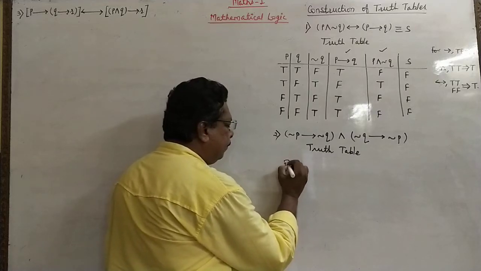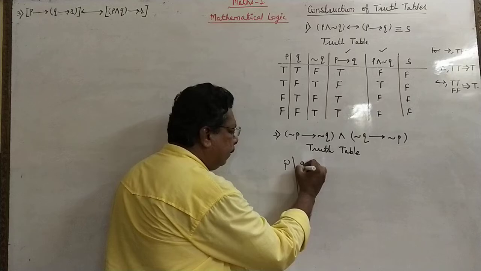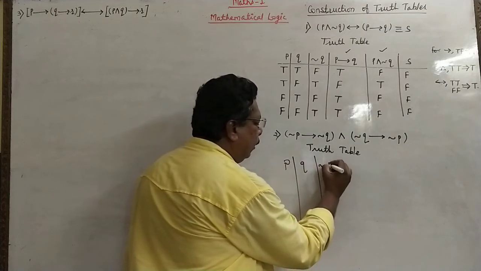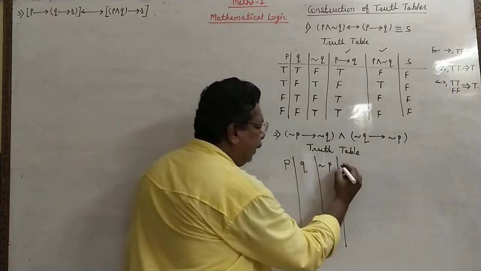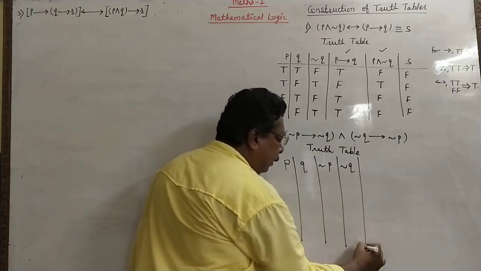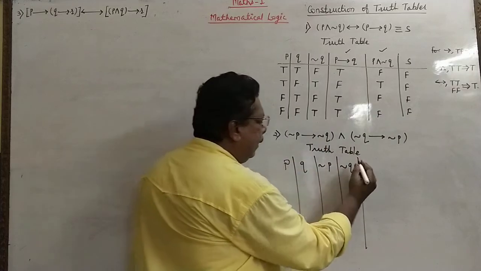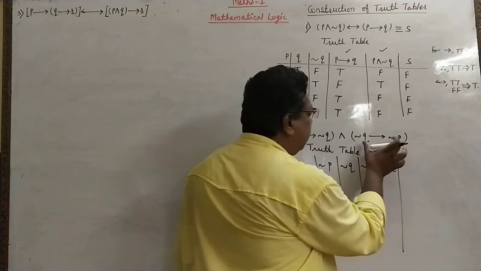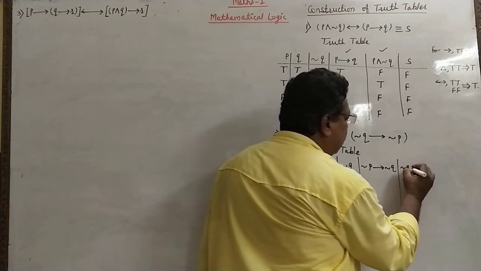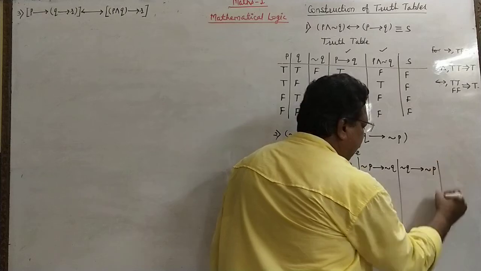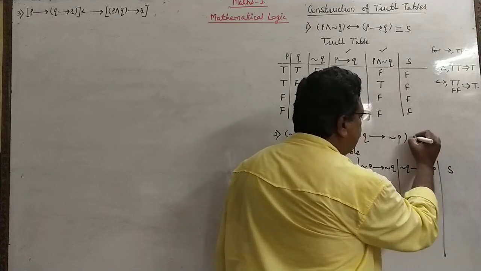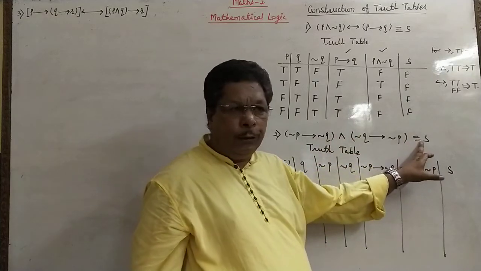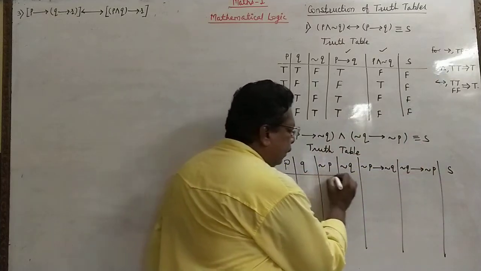There are two statements, P and Q. Here is negation P, third column is negation P. Here is negation Q, so fourth column is negation Q. Then take bracket, negation P conditional negation Q. Next one is negation Q conditional negation P. And the last column is S. S is divided into two parts. The whole statement pattern is denoted as S. Now see, these are the columns.